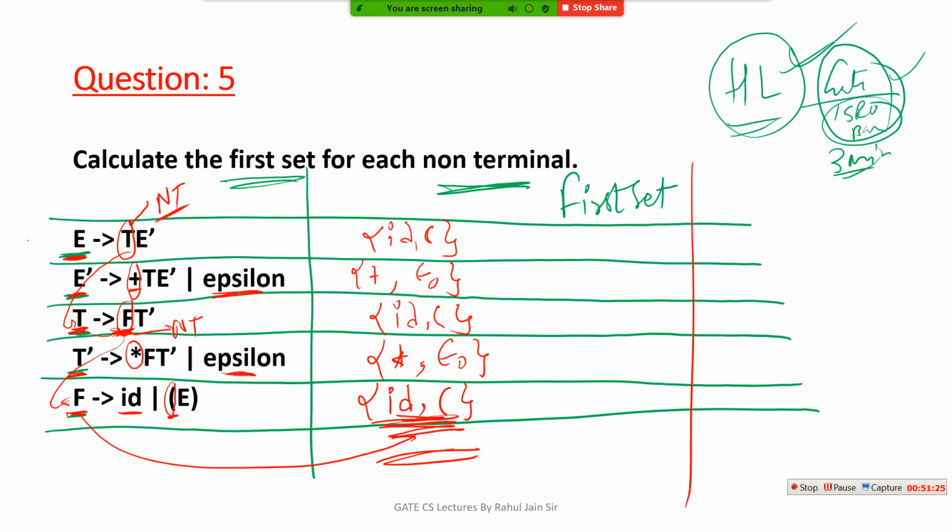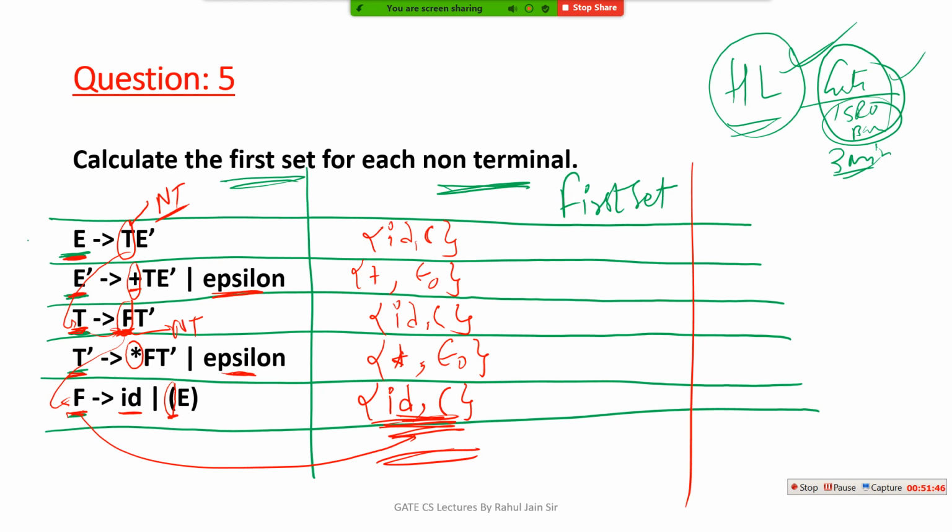If you are getting stuck at any step, just ask me, I will solve it. Because once we move forward from here, it will be difficult for you to grasp SLR1 parsing, because first set and follow set are the stepping stone to learn SLR1.